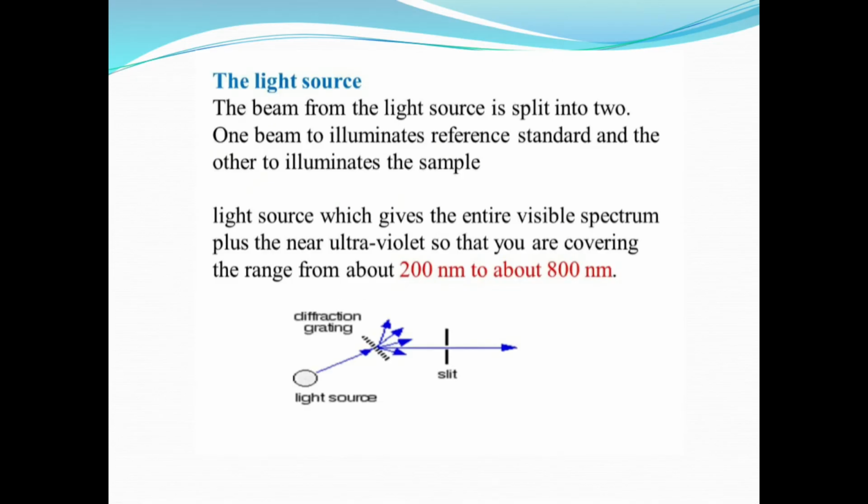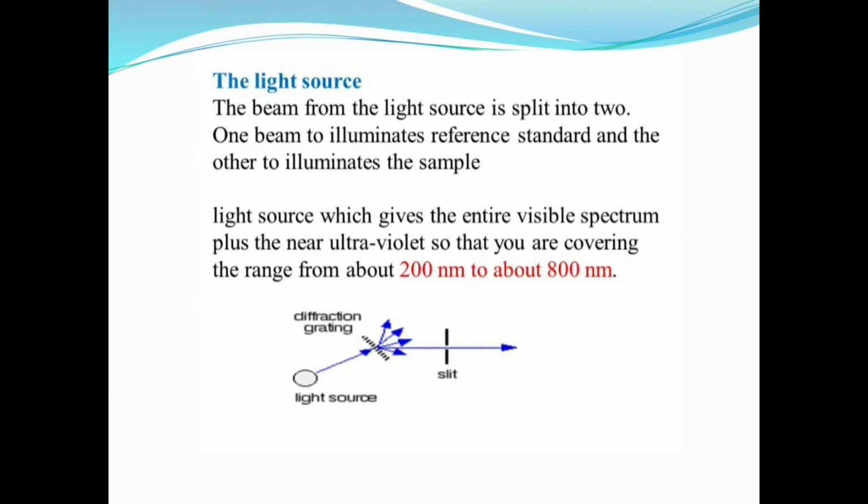Light source. In the double beam spectrophotometer, the light from the source is split into two. One beam illuminates the reference standard and the other illuminates the sample. The light source gives the entire visible spectrum and the narrow ultraviolet, so that you are covering the range of about 200 nanometers to about 800 nanometers.